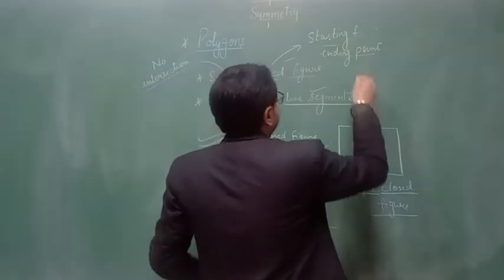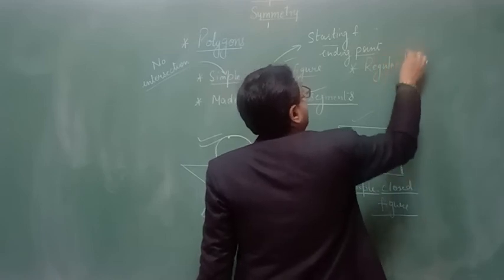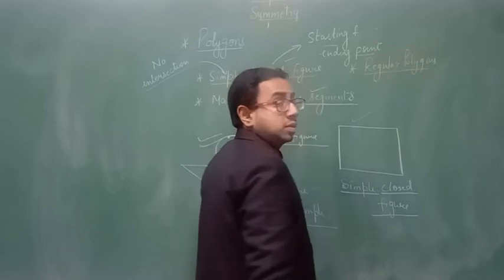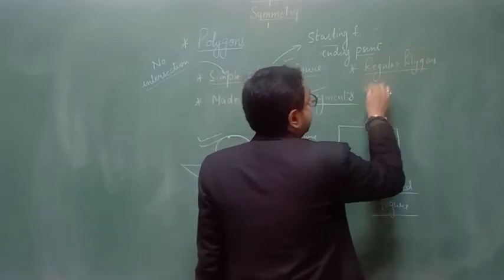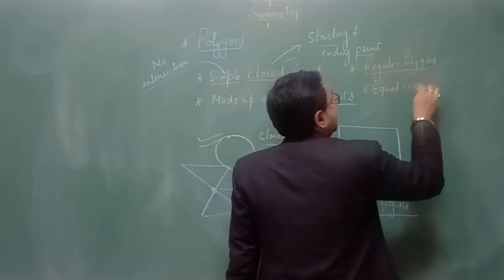Last definition, that of regular polygons. A regular polygon has equal measure of sides.